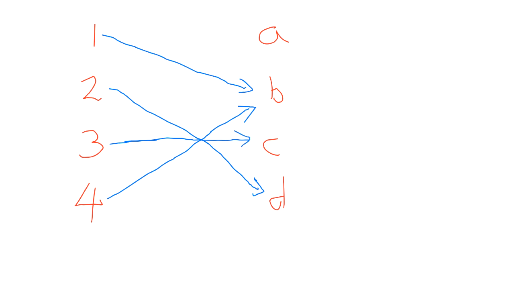I'm going to write it exactly right here. The function mapping 1, 2, 3, and 4 results in A, B, C, and D.